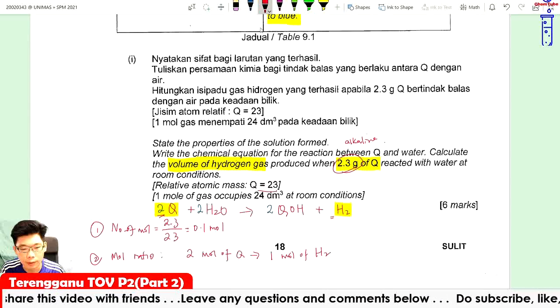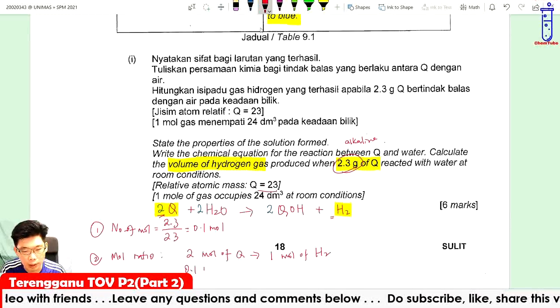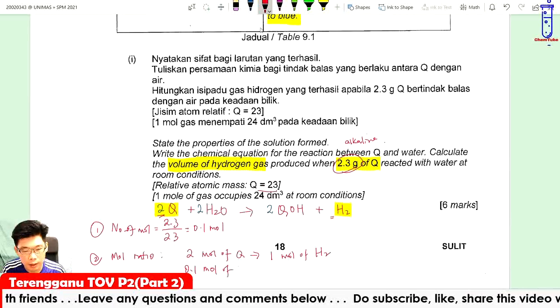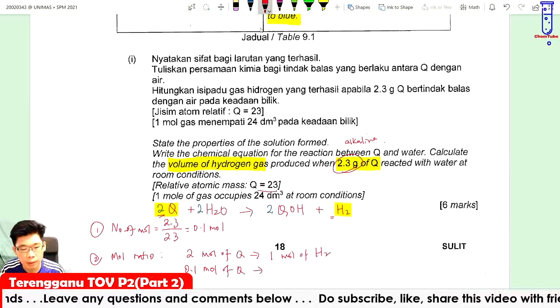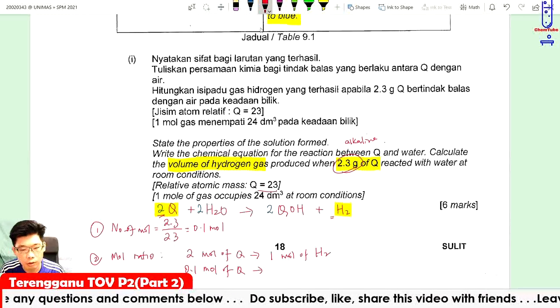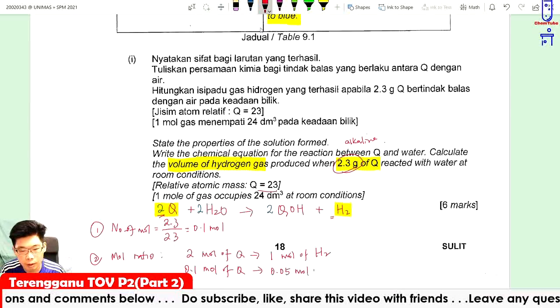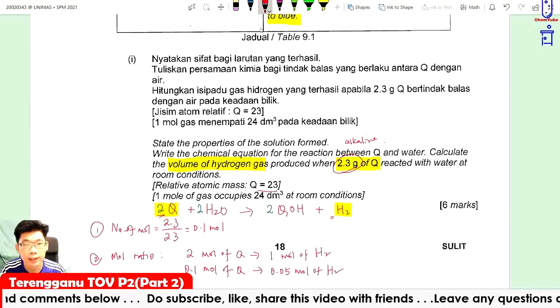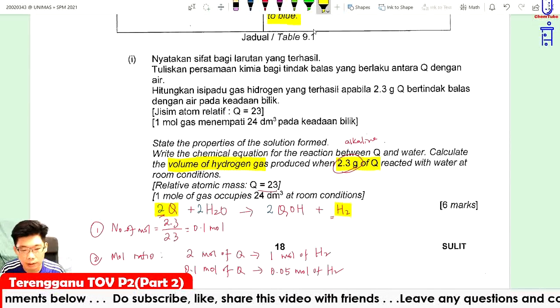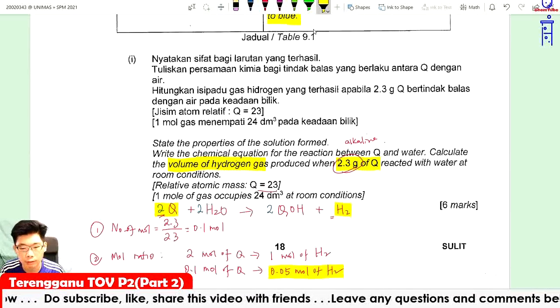Okay, so next from calculation you will get 0.1 mole only. So if 0.1 mole for the reaction, so meaning that 2 to 1, meaning that is 0.05 mole of hydrogen gas. So meaning that in this reaction the mole for the hydrogen is only 0.05.